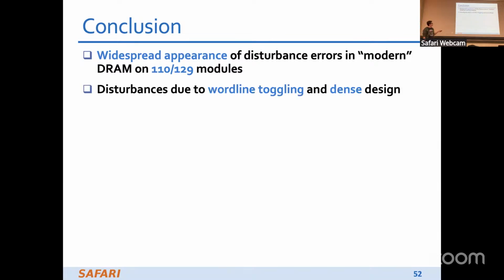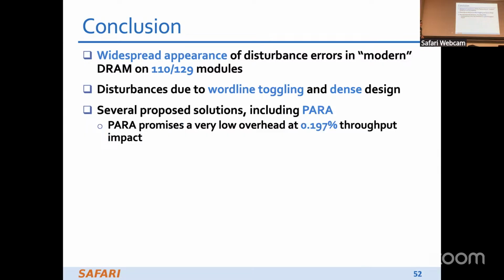They have found that the disturbances appear due to word line toggling and dense design, which enables these hardware problems to exist. And they have several solutions proposed, although most of them, they themselves argue they wouldn't fully work, including PARA, which promises a very low overhead at these 0.197% of throughput impact.